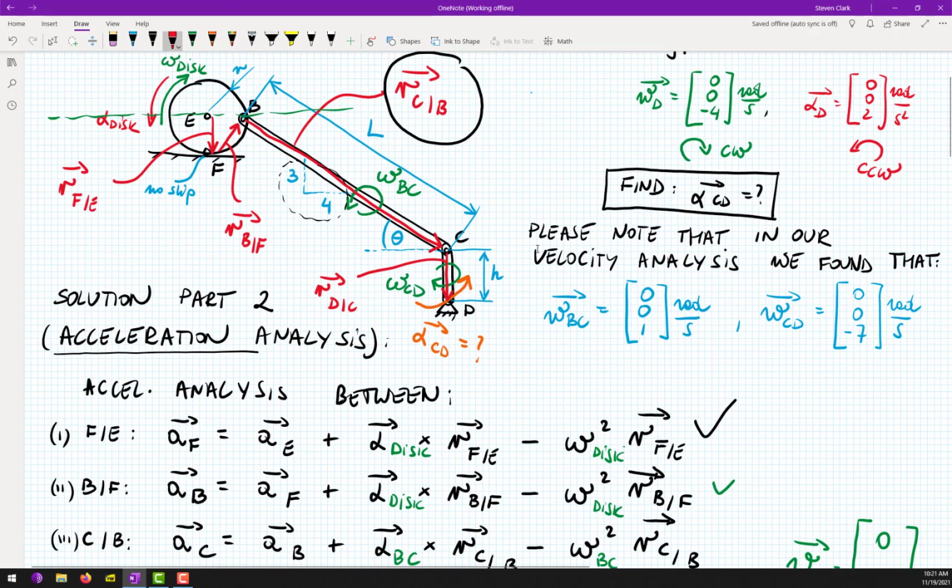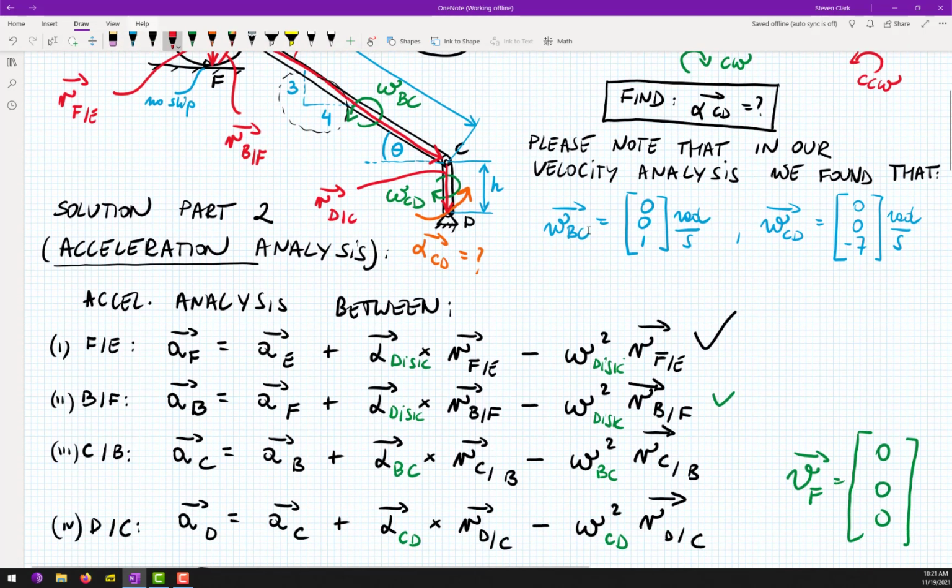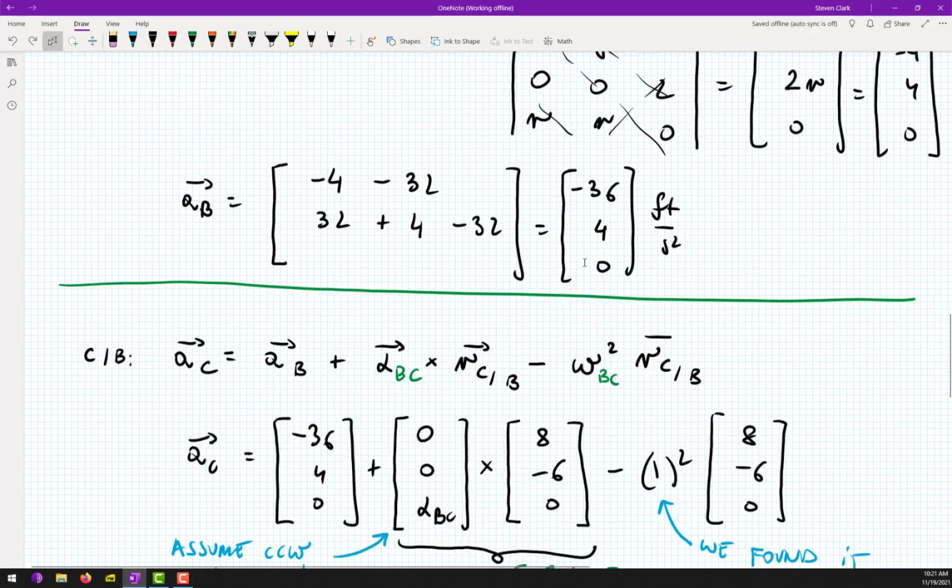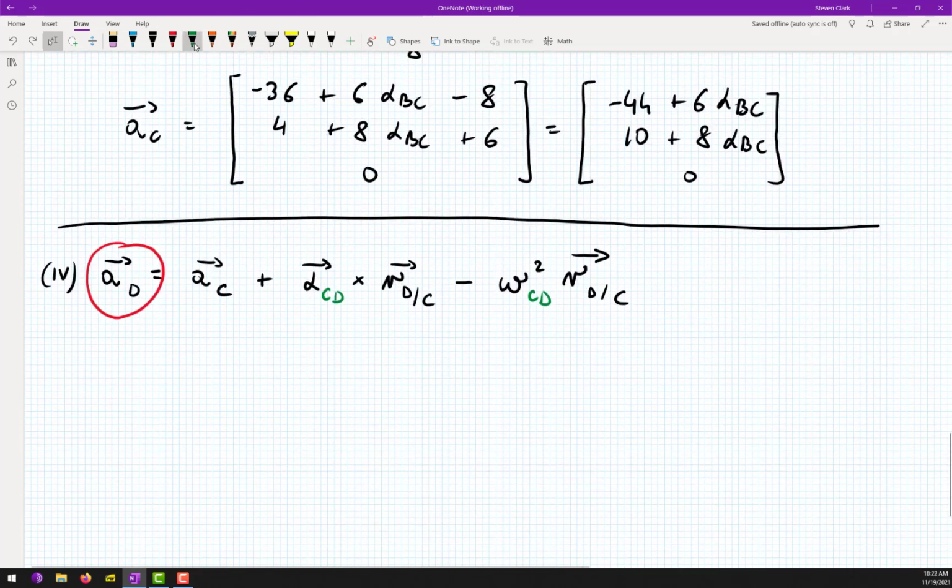Yes, and why? Because it is fixed. Perfect. This is point D here, just for those of you who are watching at home. So this is 0 vector, of course, because D is fixed.